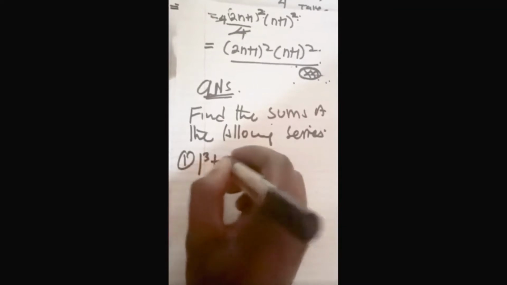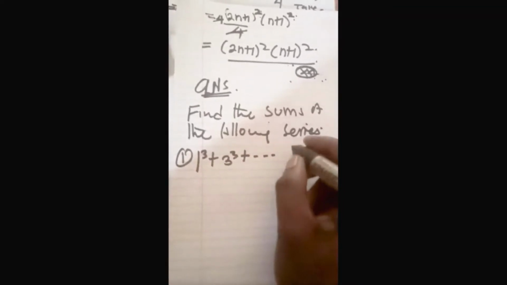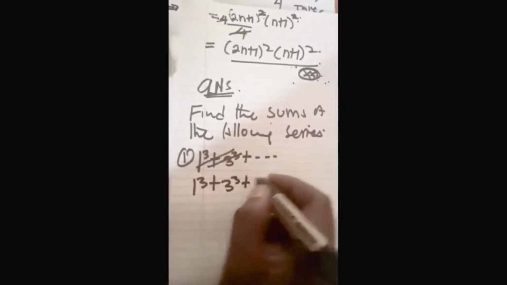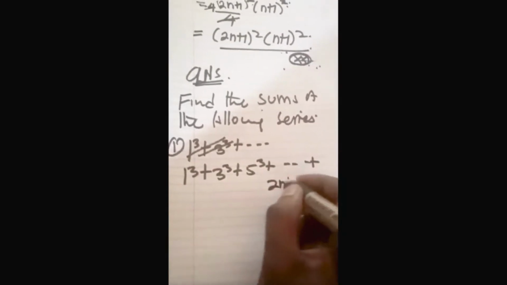We have 1 cubed plus 3 cubed plus 5 cubed plus others, up to (2n plus 1) cubed. This is number 1.